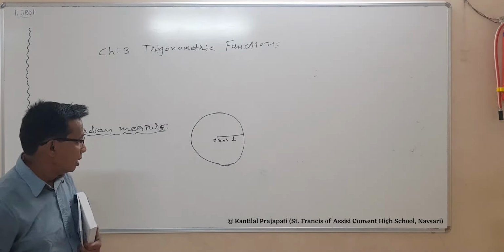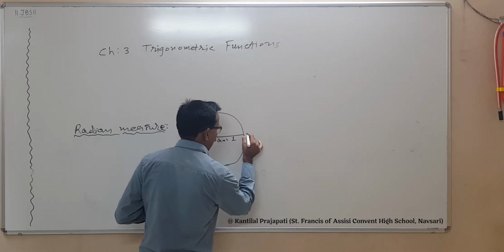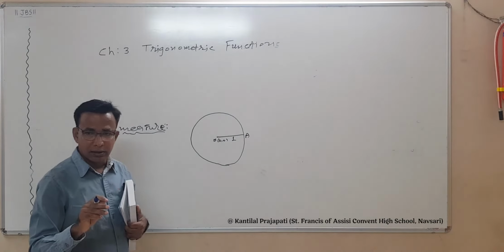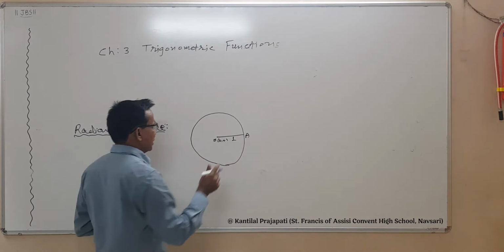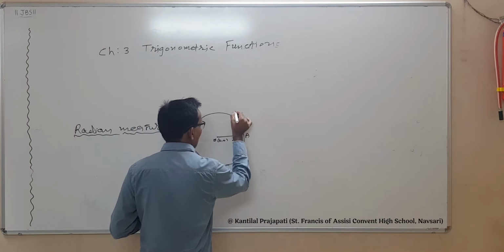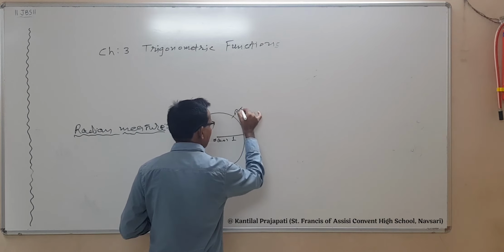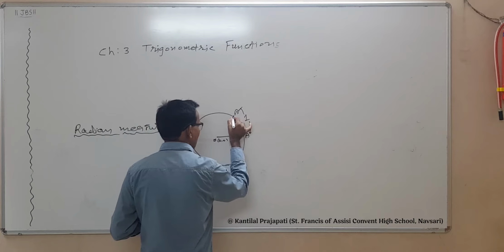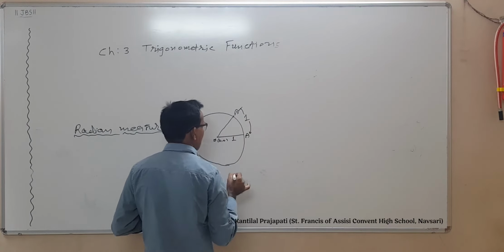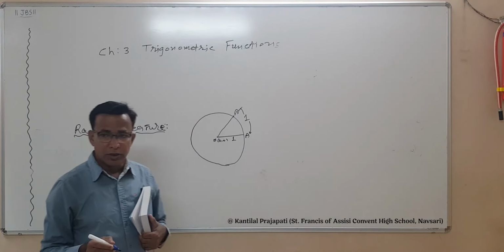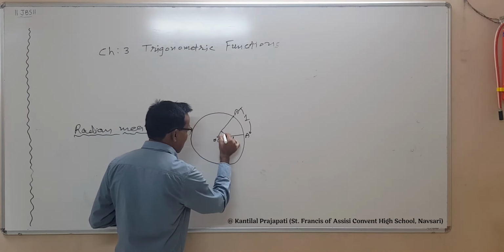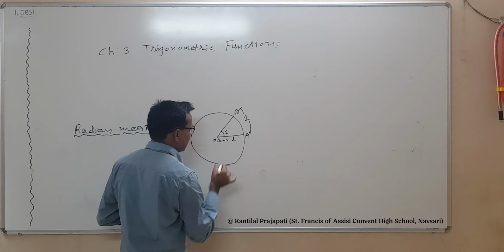Then we consider the arc AB of length 1 unit. The angle subtended by arc AB at center O is called 1 radian.